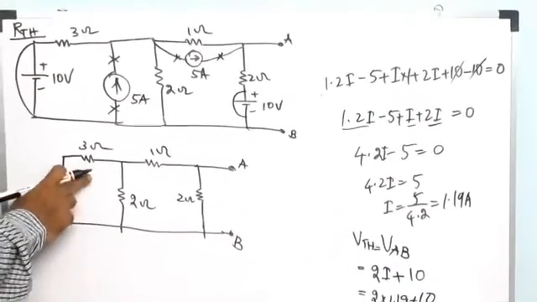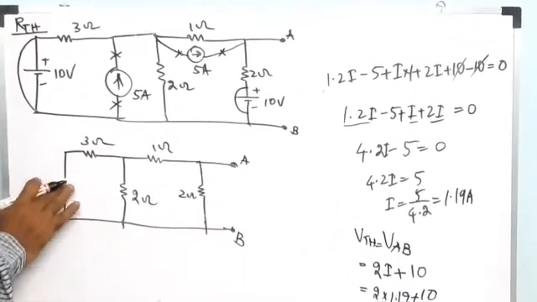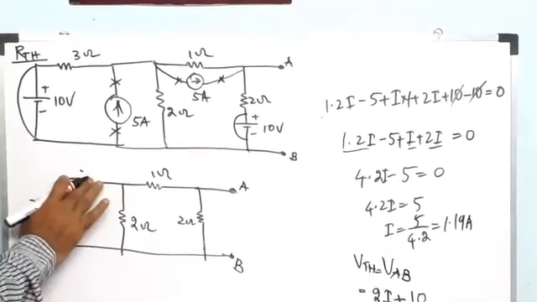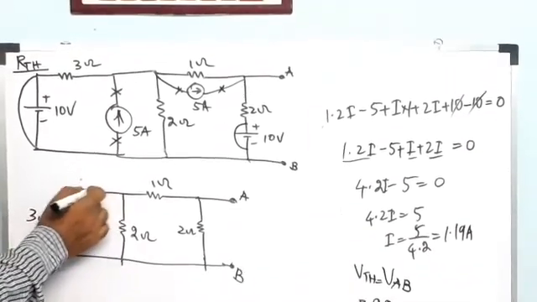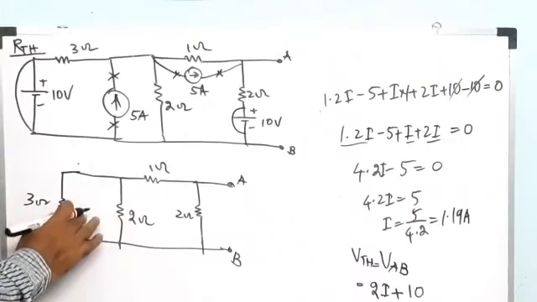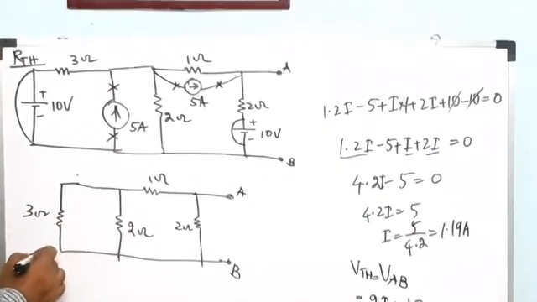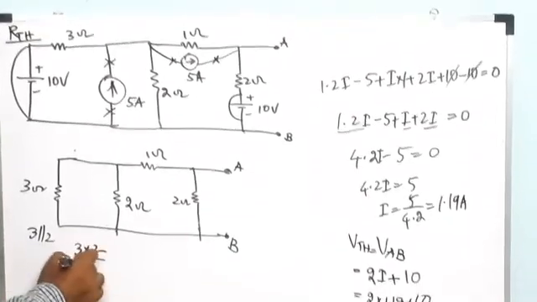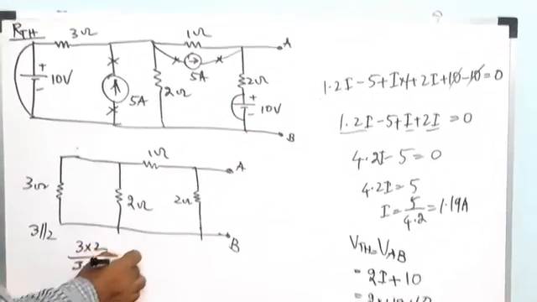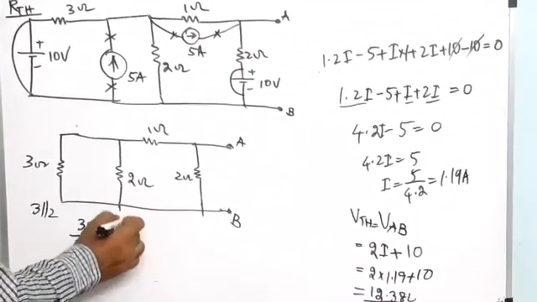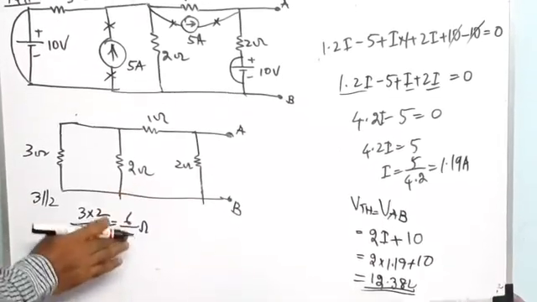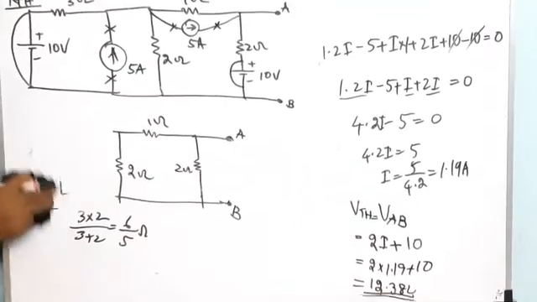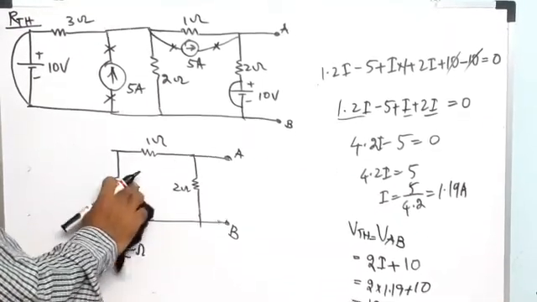Okay, now how does it look? The 3 ohms I can write here, because it looks parallel. 3 parallel to 2 means 3 into 2 by 3 plus 2, so 6 by 5 ohms.